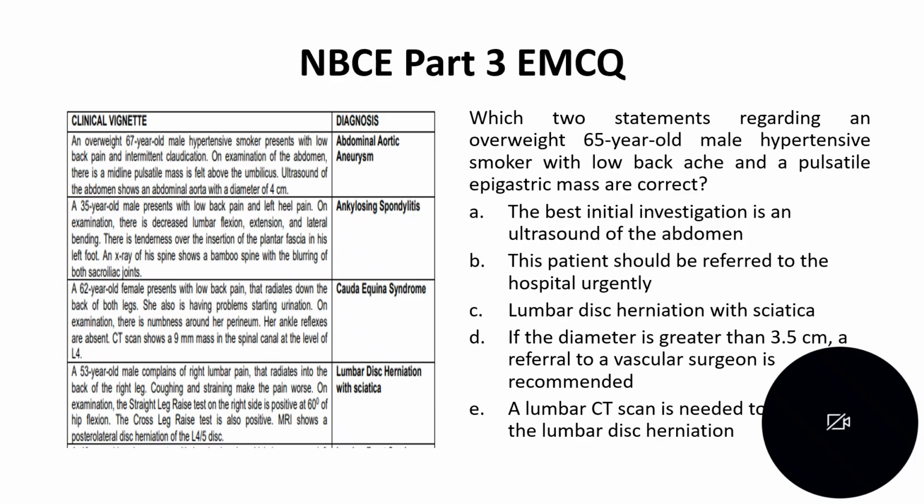D, if the diameter is greater than 3.5 centimeters, a referral to a vascular surgeon is recommended. So yeah, this is a possible if you're not too sure. So you look at the last choice, a lumbar CT scan is recommended to diagnose the lumbar disc herniation. This is not a lumbar disc herniation, so E is not correct. So A and D are the correct answers.